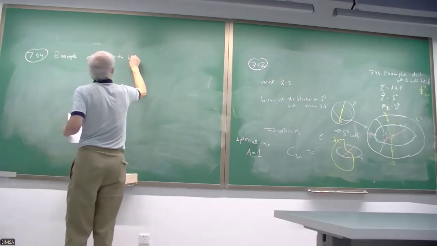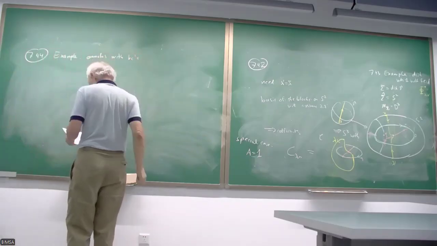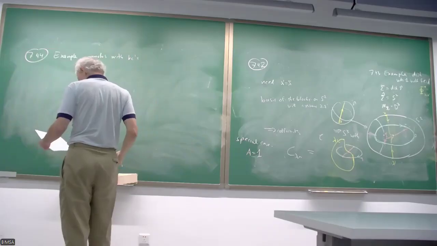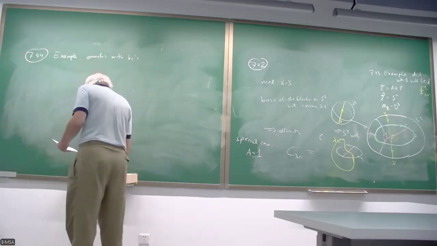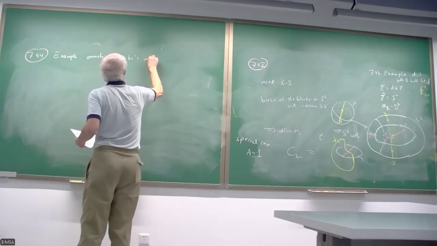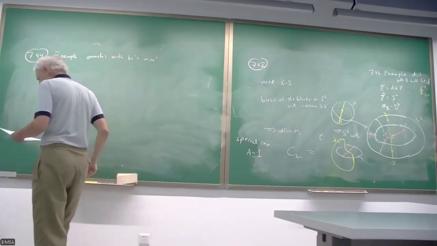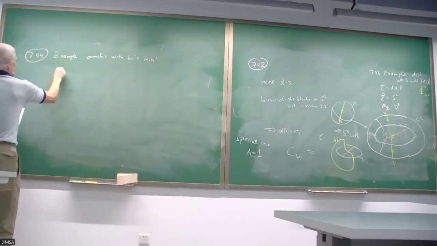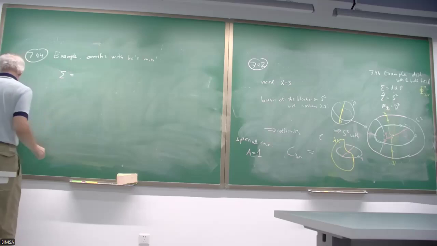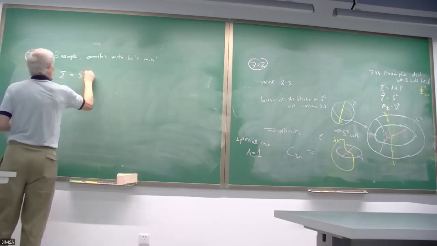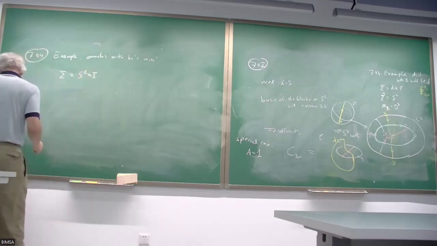With some boundary conditions, M and N prime probably. So in this case, sigma is an annulus or cylinder, so let's write it as S1 times an interval.